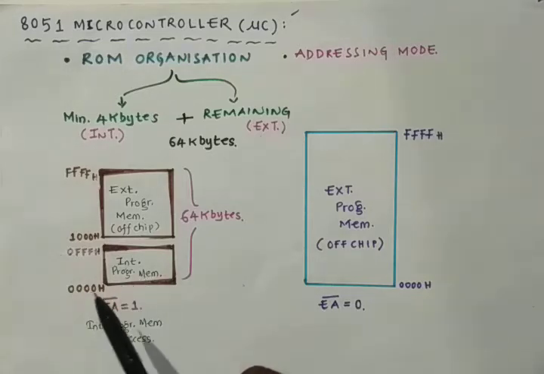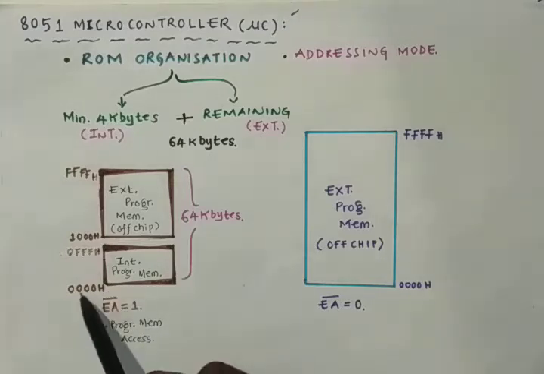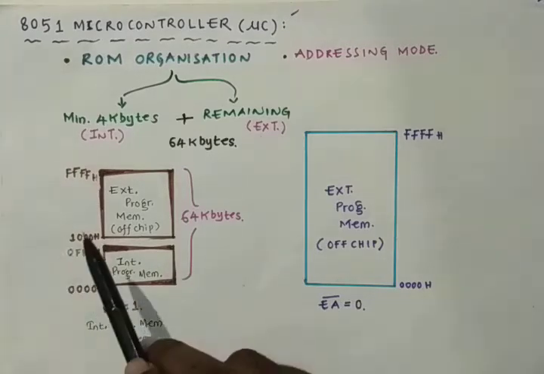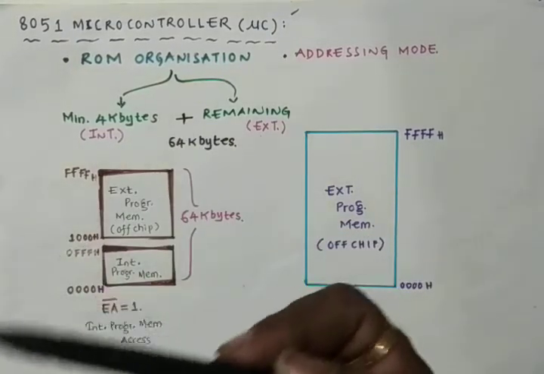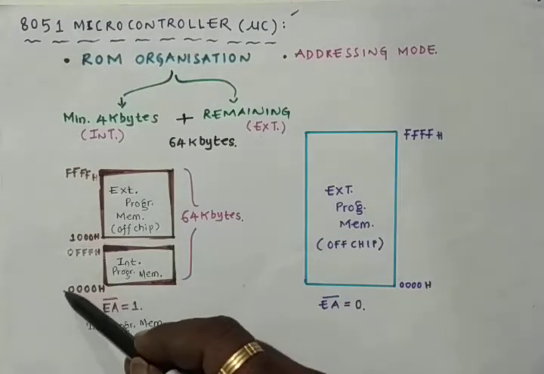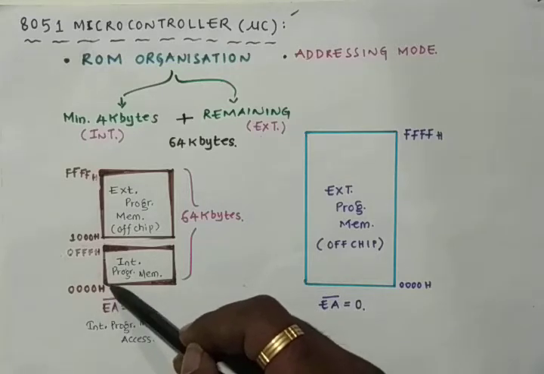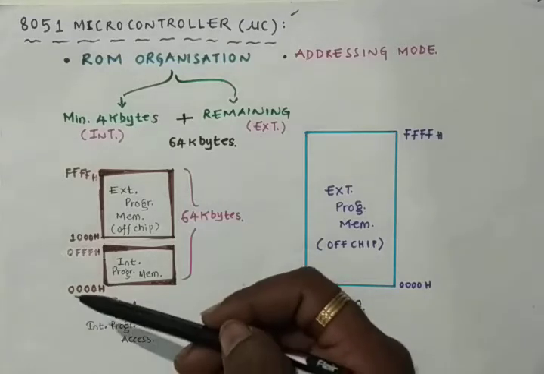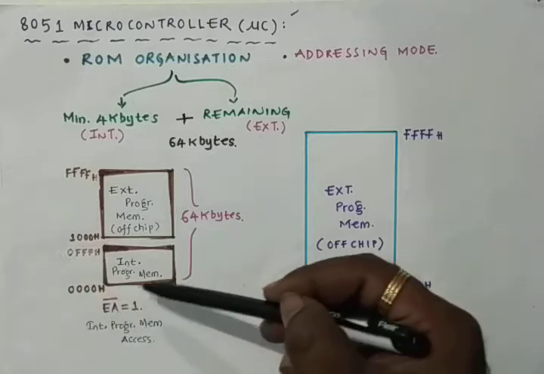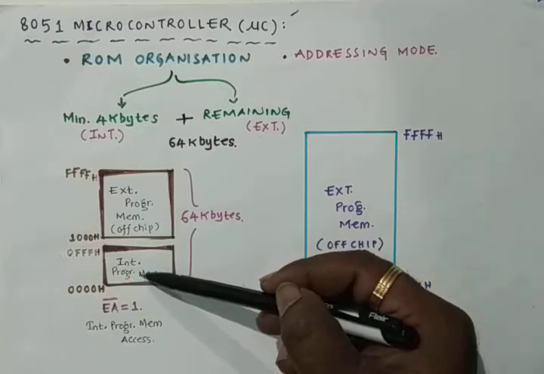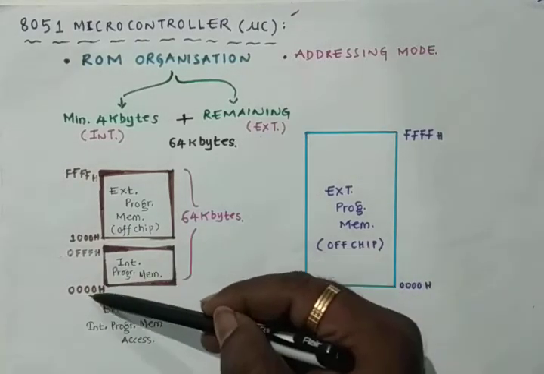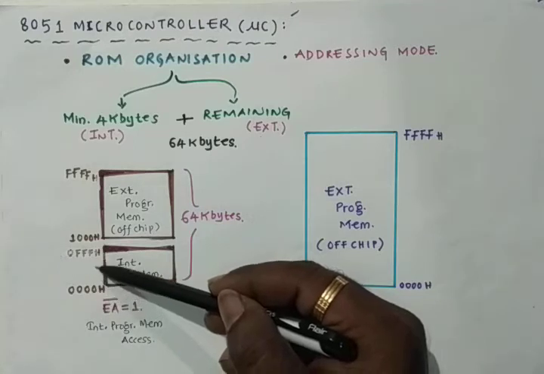That means the program counter is set to address 0000h, and now the 8051 microcontroller starts executing the instructions from this address onwards.